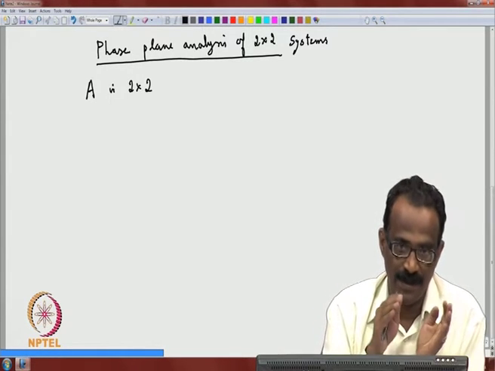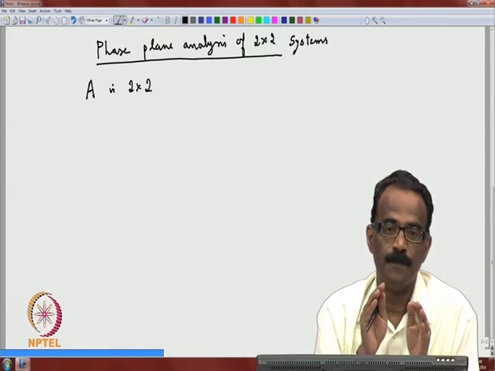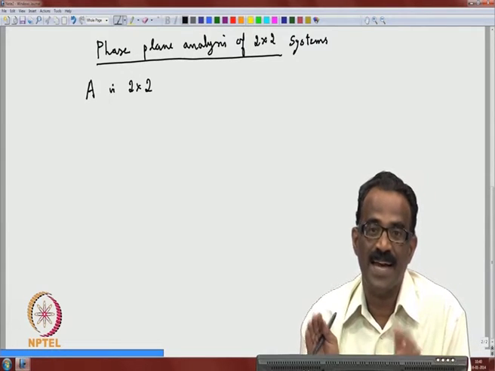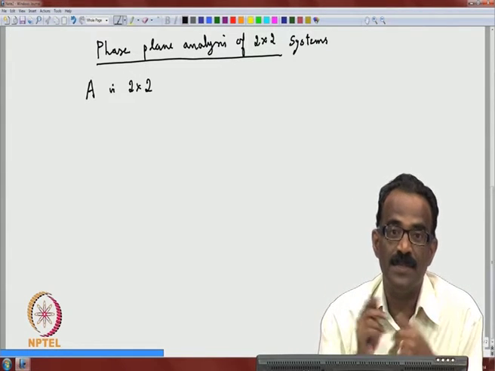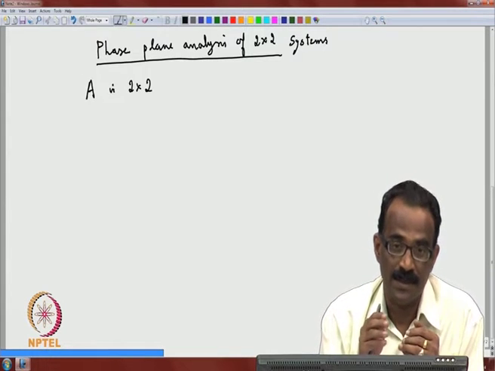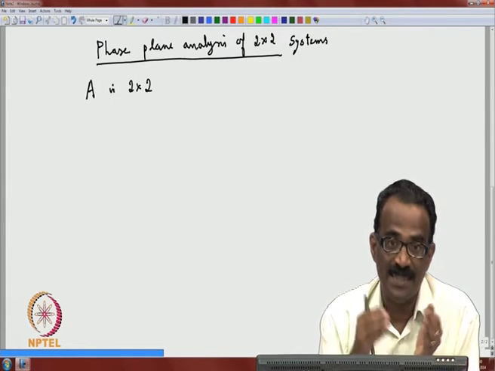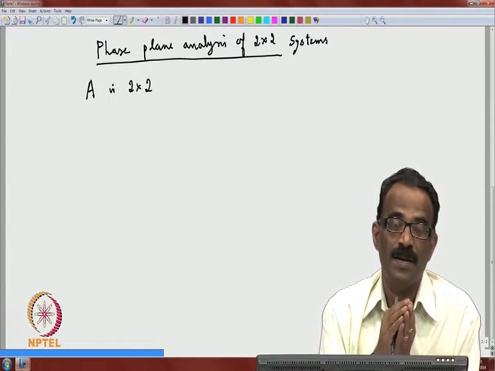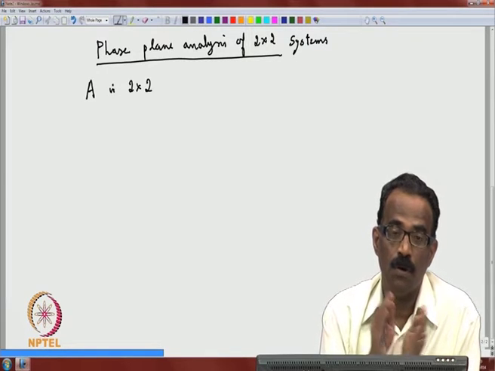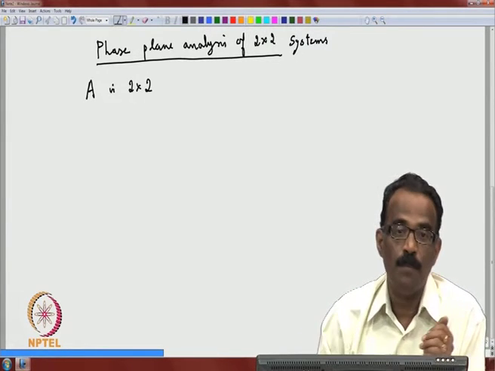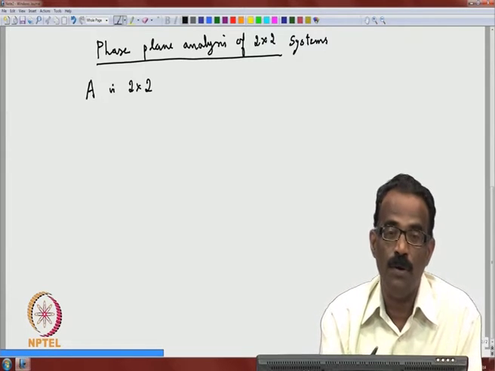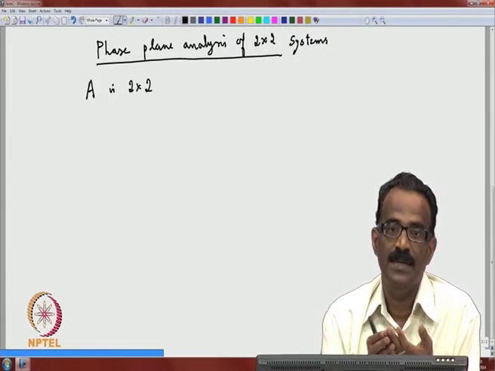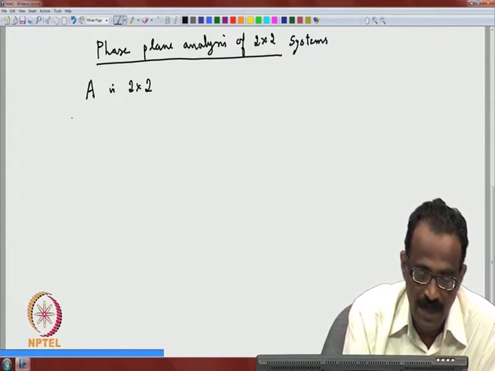Linear algebra tells you that every 2 by 2 matrix is linearly equivalent to one of 3 categories according to the eigenvalues: whether it has real and distinct eigenvalues, a real but multiple coinciding eigenvalue, or complex eigenvalues. I am going to write the 3 types, some of which you will have learnt in the basics.